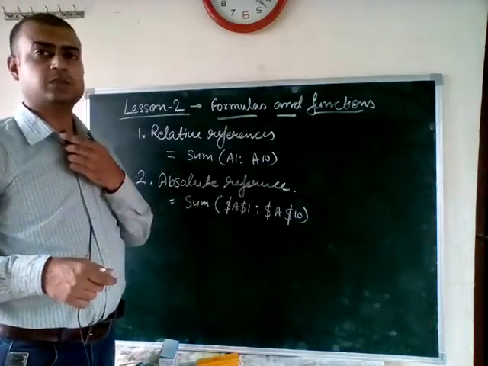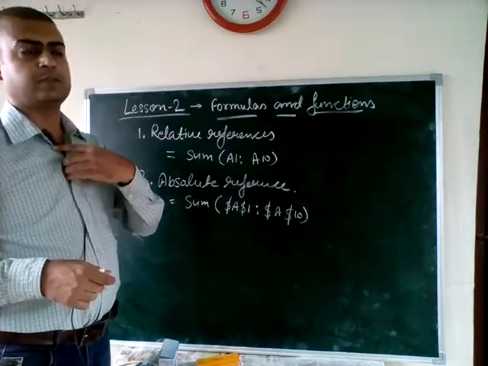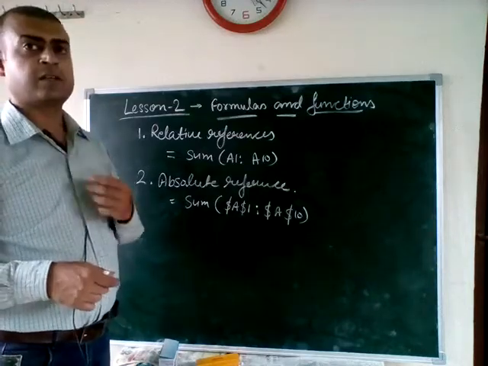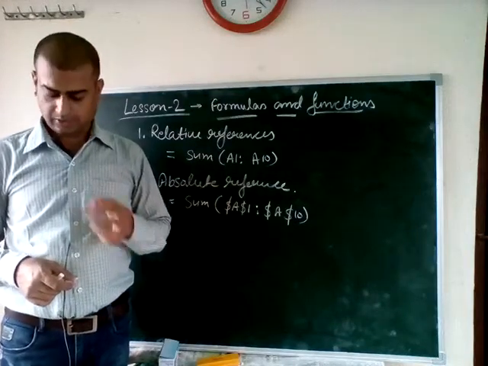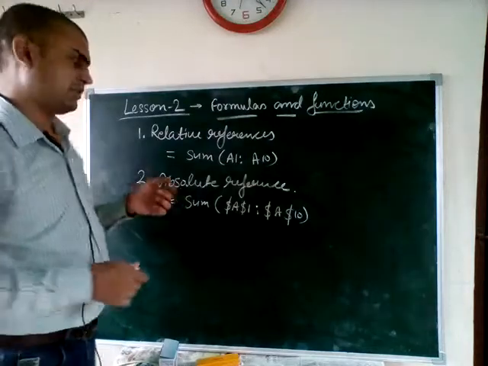The dollar symbol is used to fix the value, meaning the values of that cell will not change. This is the use of the dollar symbol. So if we are fixing the value, then it is called absolute reference.